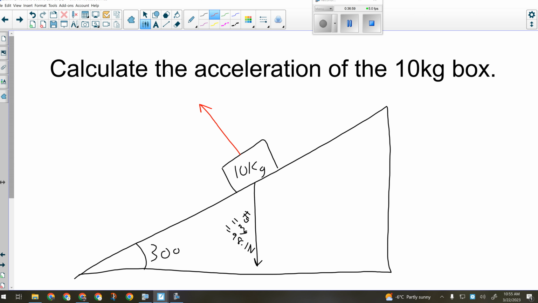I can't get the net force from that free body diagram because they're not collinear or anything like that, but they're both vector quantities. How would I draw those two arrows if I wanted to get their vector sum, which would be then my net force? Tail to head. So if I take this vector and I put it right here, drawn tail to head, where do I draw my result?